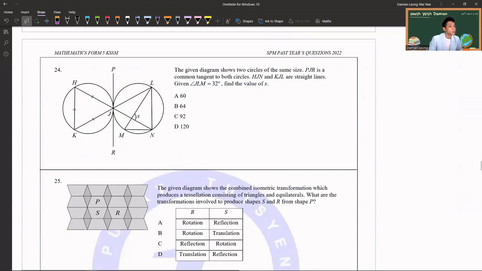Question 24. Given diagram shows two circles of the same size. Okay, we have two circles with the same size. So angle JLM, this angle is 32 degrees. I want to find X. So I already know here is all 60 degrees because equilateral triangle, which means here vertically opposite angle should be the same.